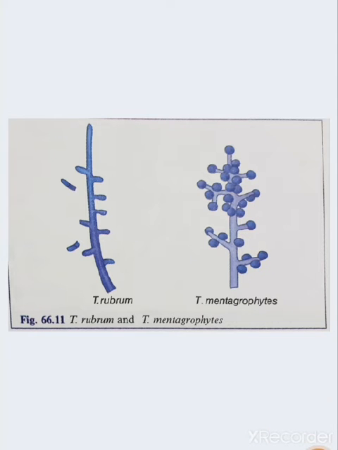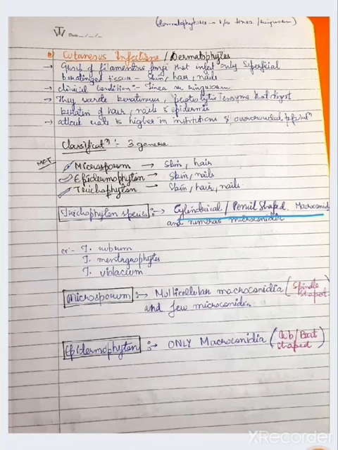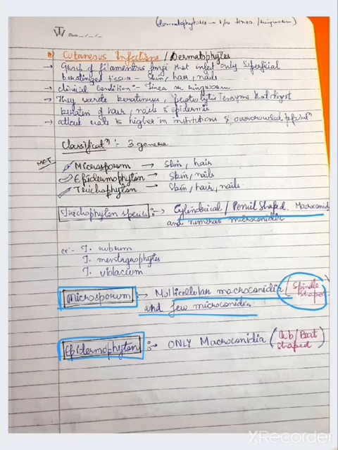These are the diagrams of Trichophyton rubrum, and this is Trichophyton mentagrophytes. Now, Microsporum has multicellular macroconidia which are spindle shaped, and few microconidia are present, while Epidermophyton has only macroconidia present, which are club or boat shaped.